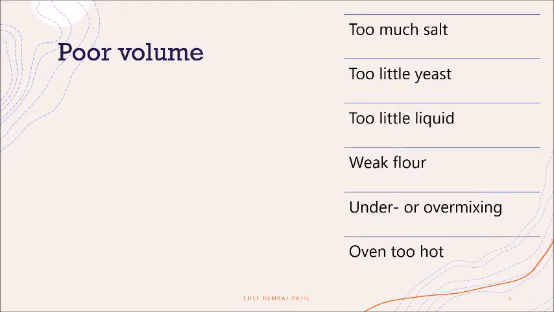If you put it at the right temperature, slowly the crust formation and the gas expansion happen simultaneously. By the time the crust is formed, your bread has already risen enough. But if you put it in a very hot oven, then the crust would be formed and your bread is not going to rise.